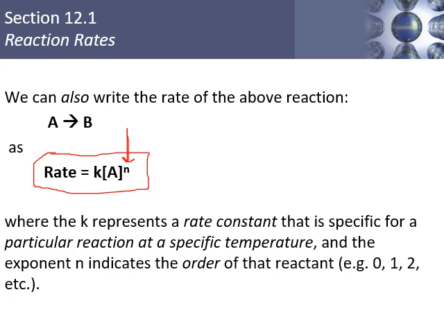So in order to keep from having to write this equation 3 different times, we just put an n above the concentration of A, and that n can be 0, 1, or 2. All right, so this is what we call writing a rate law. The rate equals some rate constant K times the concentration of A to the n power, where A is your reactant. And here, this n would have to be determined experimentally.